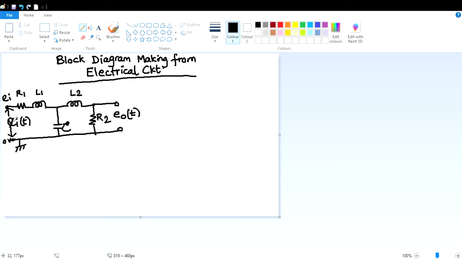Similarly, when there is a current flowing through this path, as it is a continuous path, naturally current will flow. So this is the branch current flowing through this R1 and L1. Now consider this current flowing through this particular branch as I1.